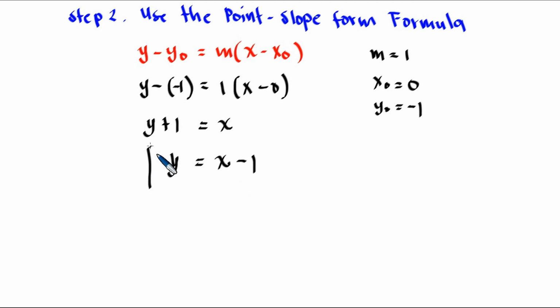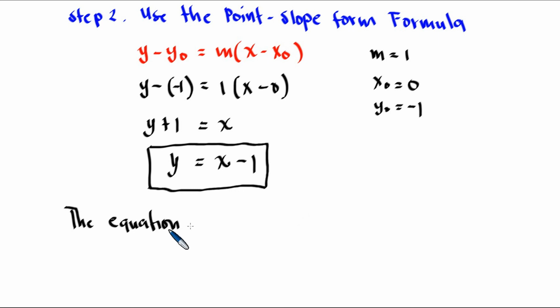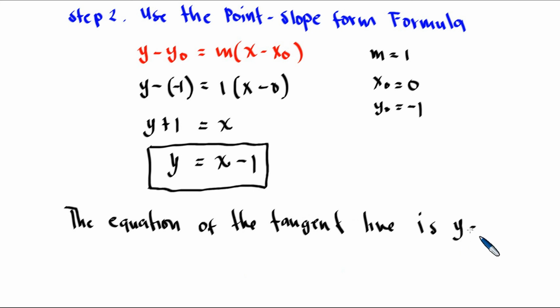And this is now our equation for the tangent line. So in conclusion, the equation of the tangent line is y equals x minus 1.